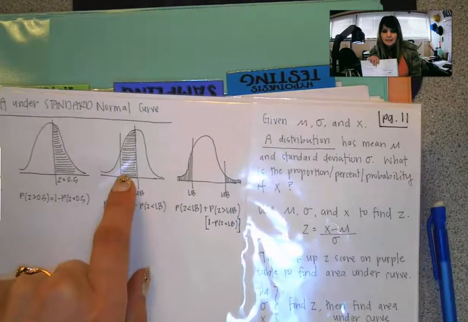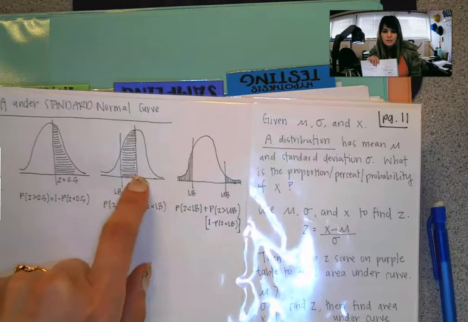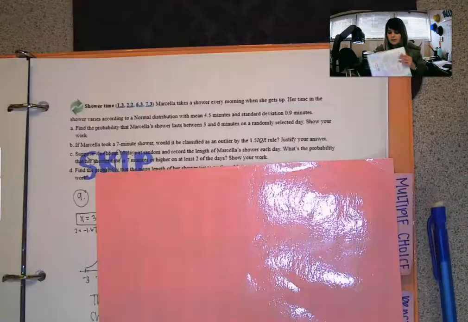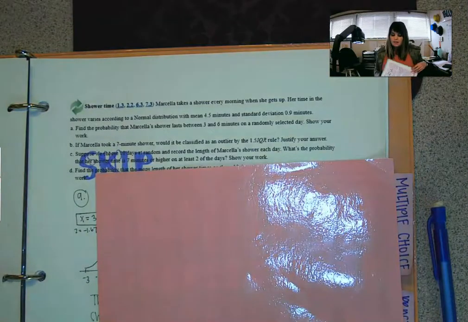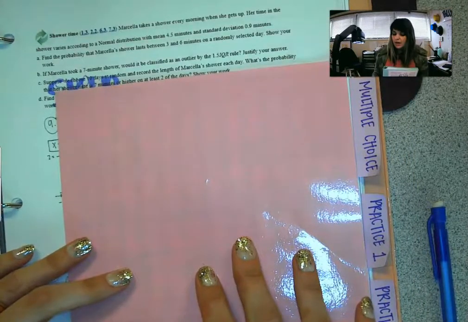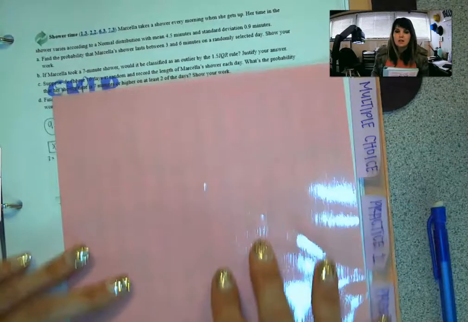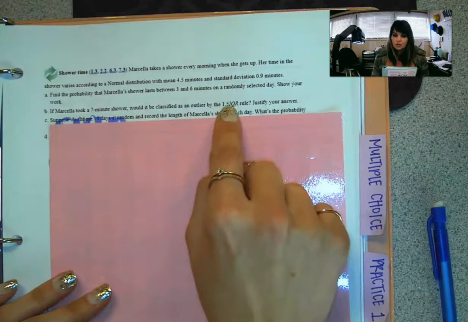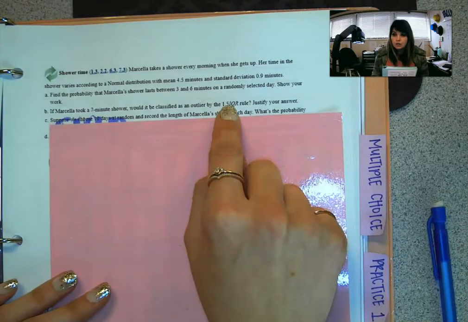You're finding the space between 3 and 6 minutes, or the area between 3 and 6. And then if Marcella took a 7-minute shower, would it be classified as an outlier by the 1.5 times IQR rule? This is them giving you an area and you finding the z-score.